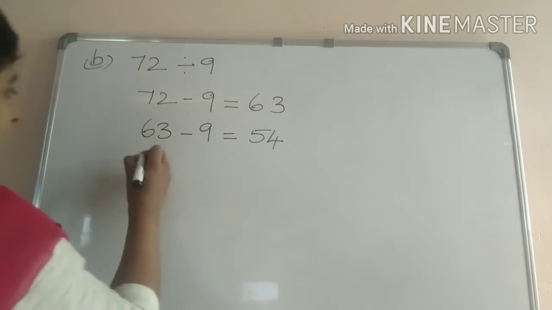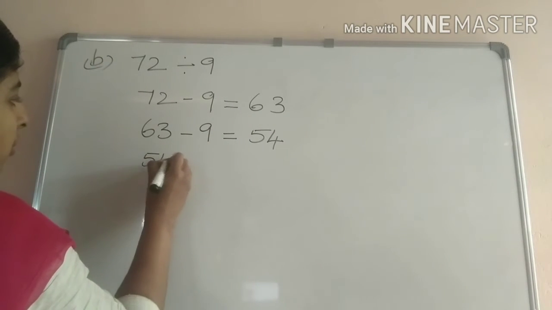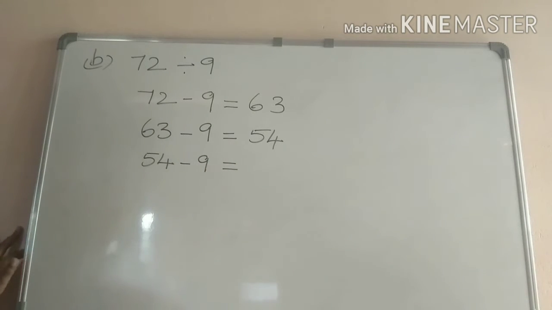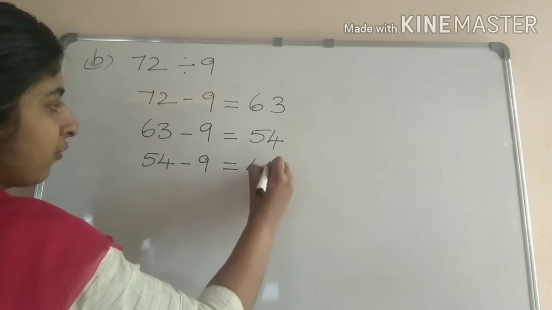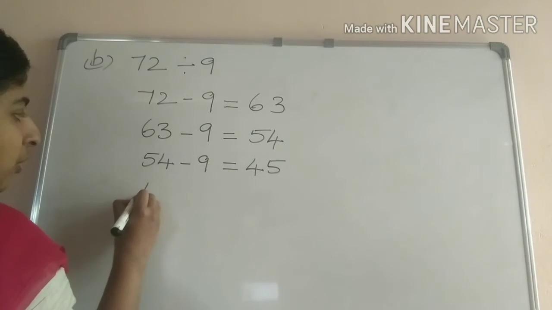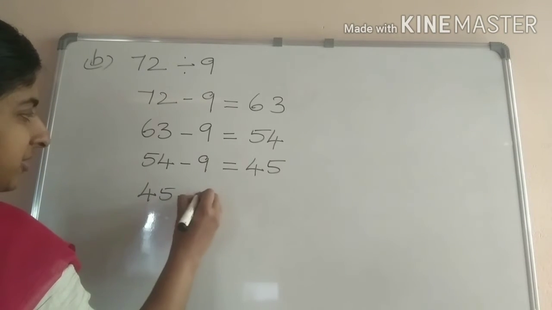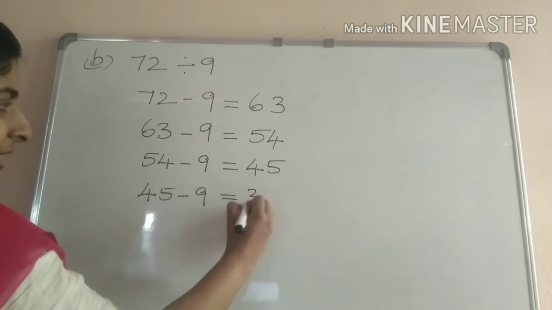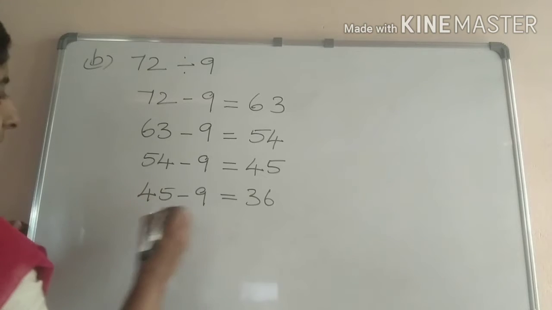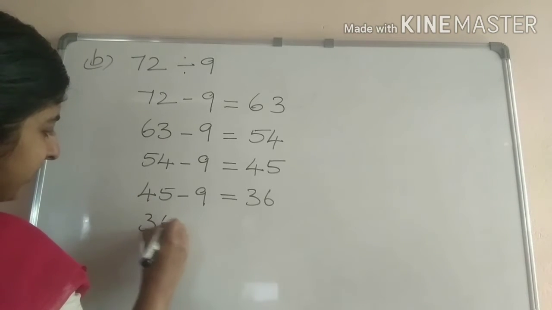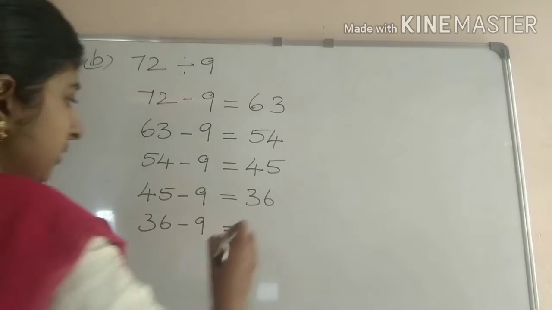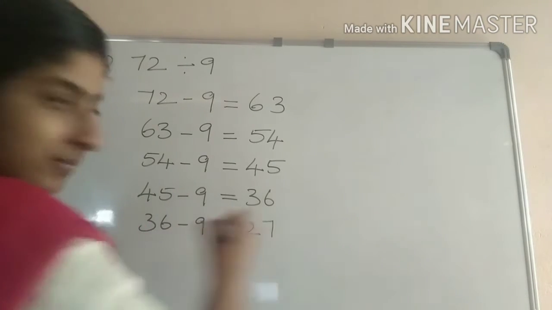54. Then 54 minus divisor 9 is equal to, what is the answer? 45. Then 45 minus 9 is equal to 36. Then 36 minus 9 is equal to 27.